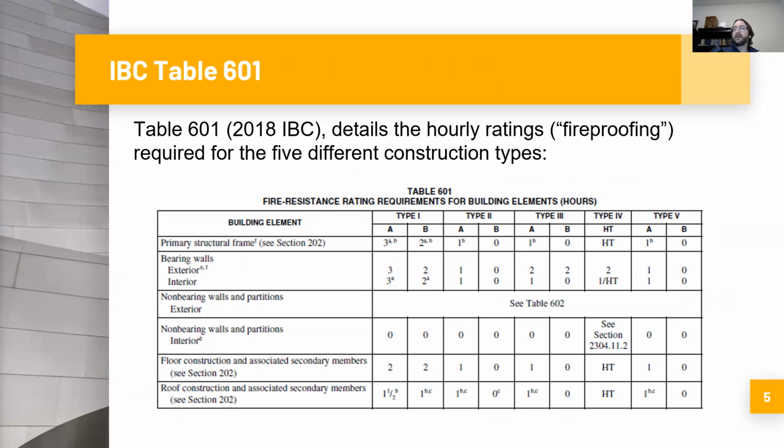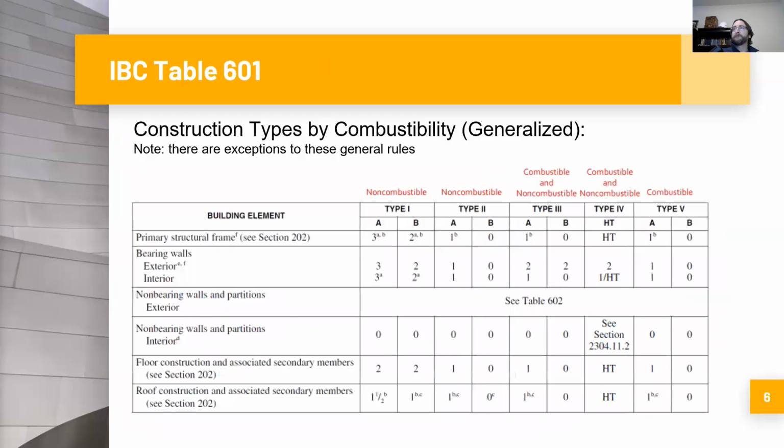So the amount of fire resistance required to be provided to protect these building elements based on the type of construction. But if you remember from what we just read in the commentary, types 1 and 2 construction are non-combustible. Types 3 and 4 construction are a combination of combustible and non-combustible.